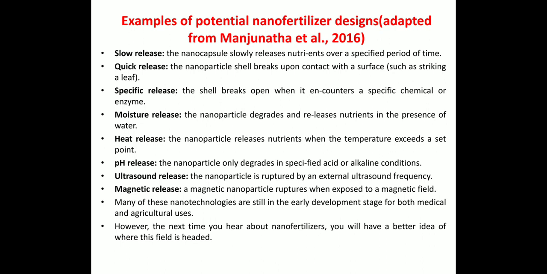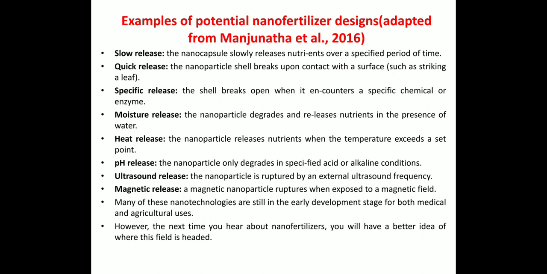Quick release, the nanoparticle cell breaks upon the contact with the surface. Then specific release, cell breaks open when it encounters the specific chemical. Moisture release, when the nanoparticle degrades or releases nutrients in the presence of water. Heat release, that is nanoparticle releases nutrient when the temperature exceeds a set point.